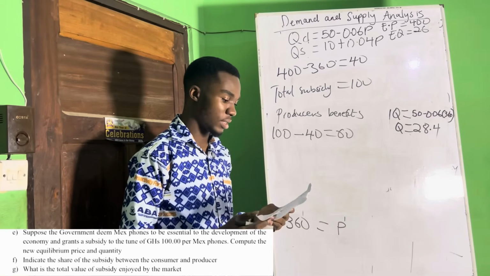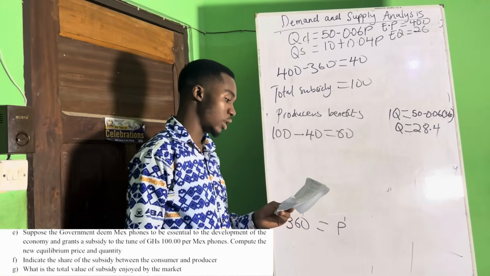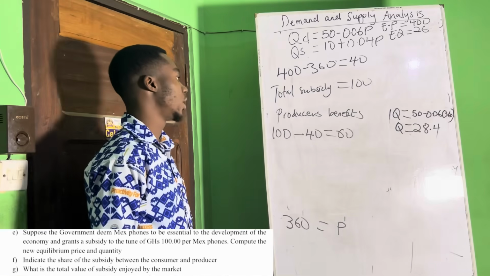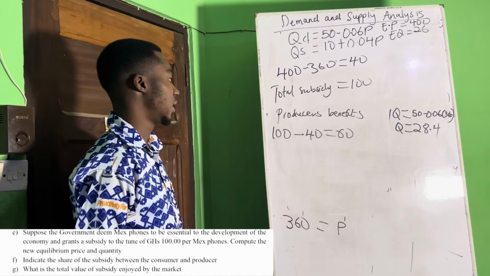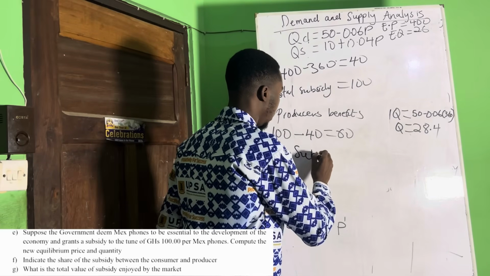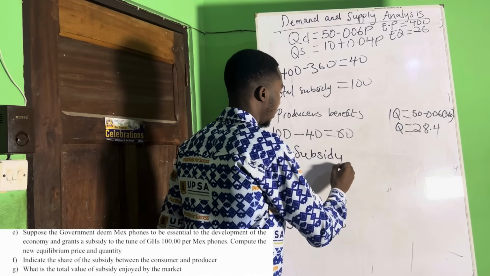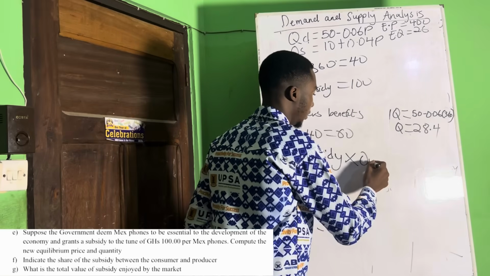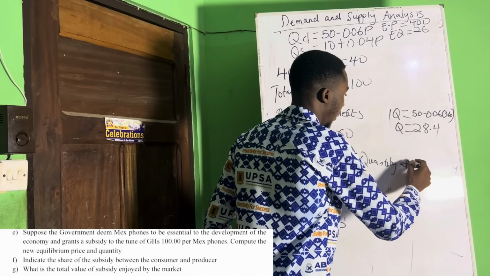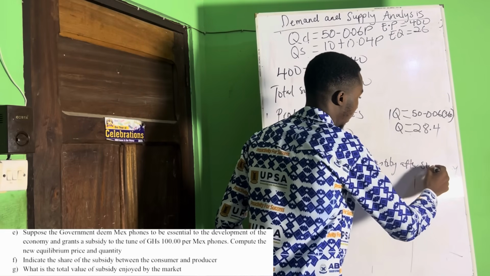All right. Now, the next question says, what is the total value of subsidy enjoyed by the market? So the total value of subsidy enjoyed by the market is the subsidy that was introduced times the quantity after the subsidy.